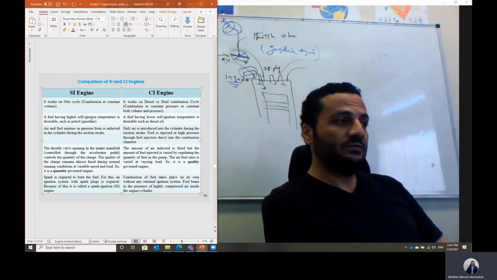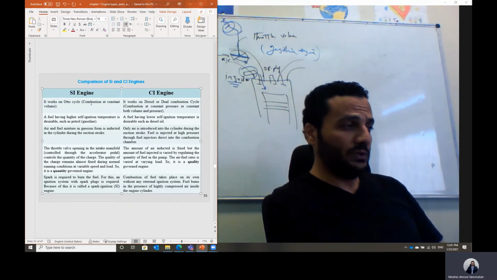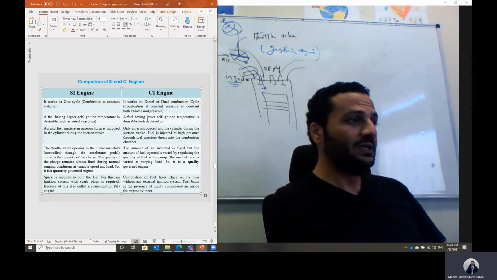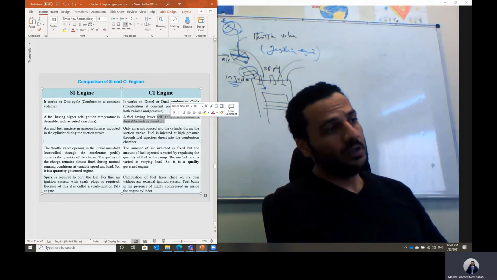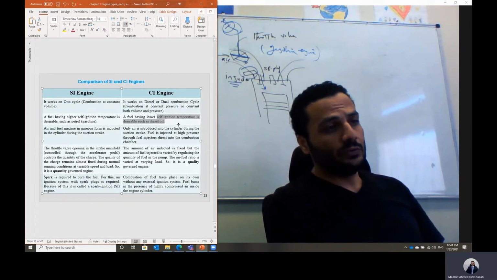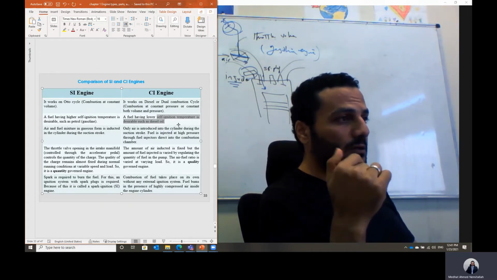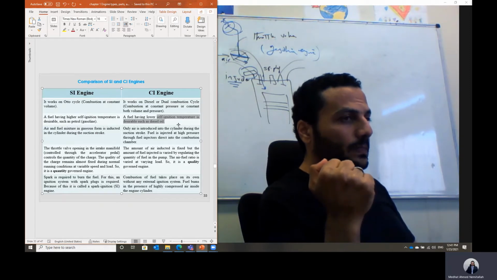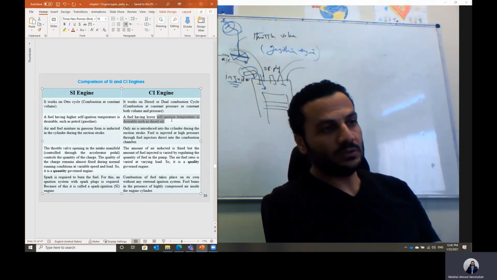Fuel has a higher self-ignition temperature in case of gasoline, of course, because we don't want the gasoline fuel to self-ignite, because we have a spark plug. In case of diesel, it has a lower self-ignition temperature, because it depends on self-ignition.